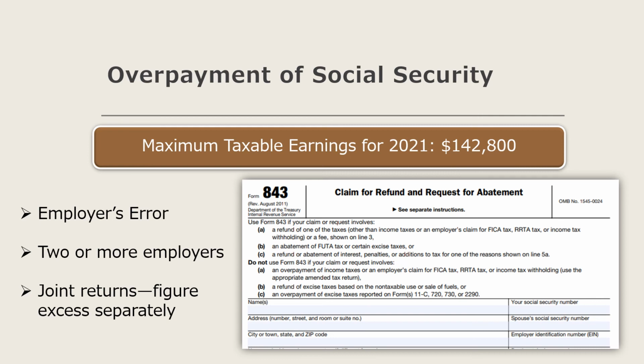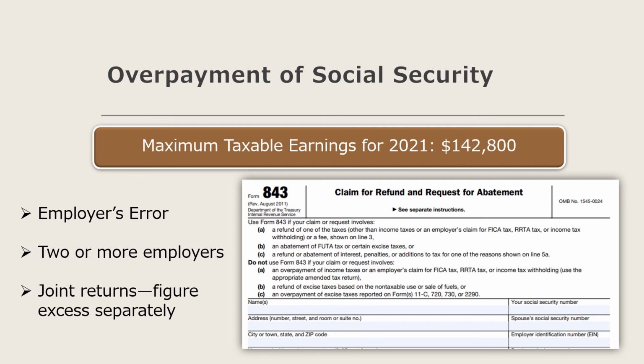Some of our clients may find themselves in situations where they've paid too much. Too much has been withheld from their income for Social Security. This can happen through an employer's error. It happens most often when an employee has 2 or more employers, or sometimes with joint returns.